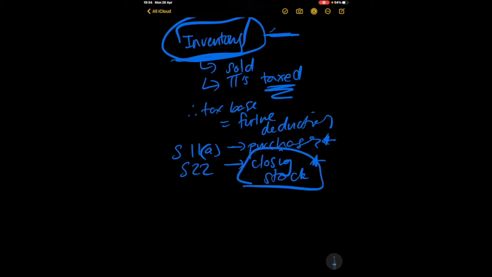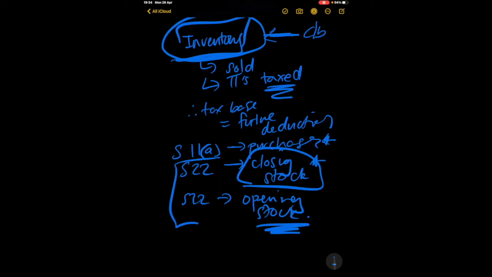Now with inventory, that is my closing balance of inventory. What are the future deductions I'm going to get? Well, in terms of Section 22, I'm also going to get a deduction for opening stock. Because what Section 22 is doing is making sure that you are getting the deduction for your inventory in the year that you are actually selling your inventory.